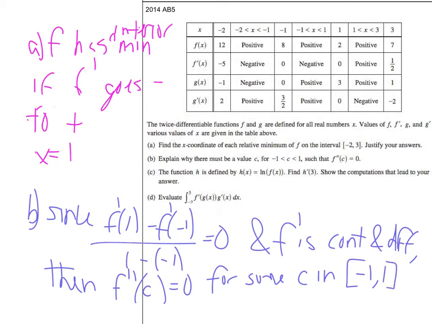That's MVT. I just kind of wrote it all out, what that meant, to make sure I had it there for us.